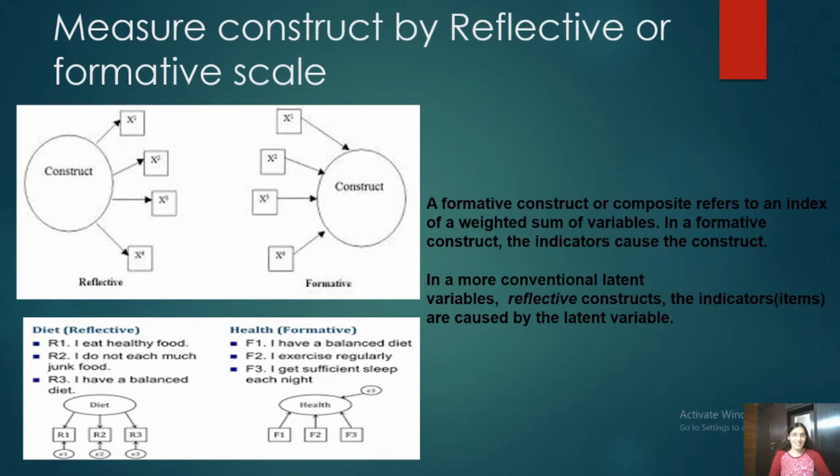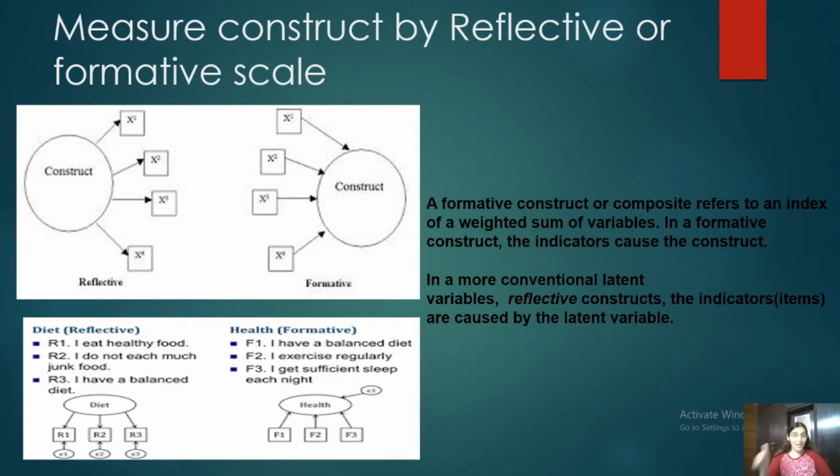So it is like saying, I'll explain with the example I've given. Just see the example diet. Somebody who is diet conscious, okay, you gave him a questionnaire. This questionnaire had three statements. Now I am saying diet is a reflective scale, and all these three statements are talking about the same thing.